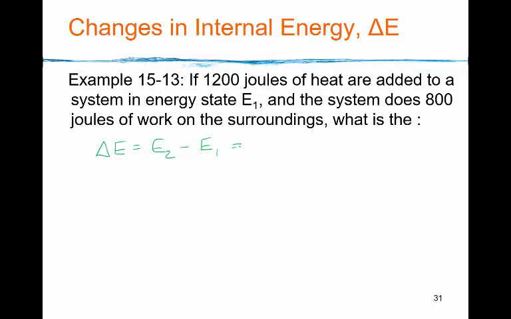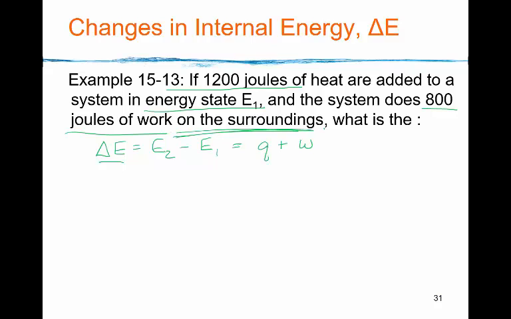It's also equal to, as we know, Q plus W, the amount of heat plus the amount of work done on the system. In this particular problem, we have 1200 joules of heat added to a system in energy state E1, and the system does 800 joules of work on the surroundings.